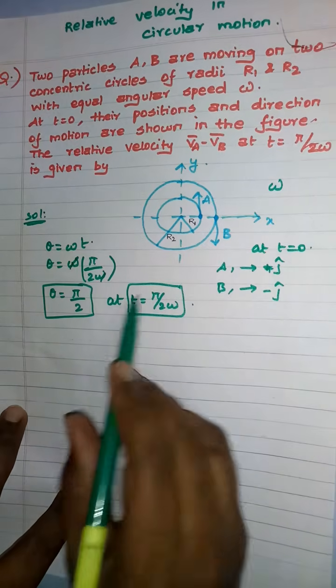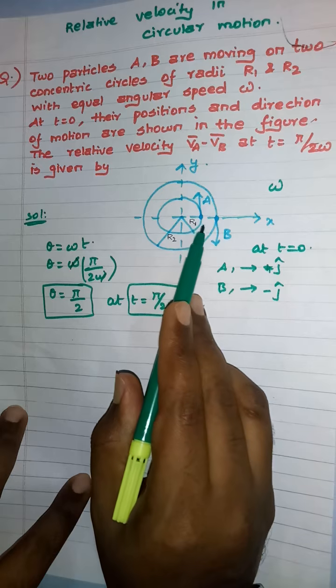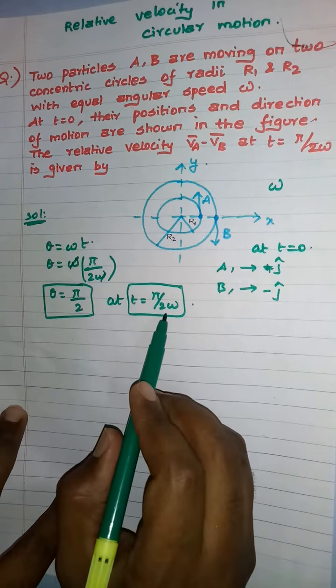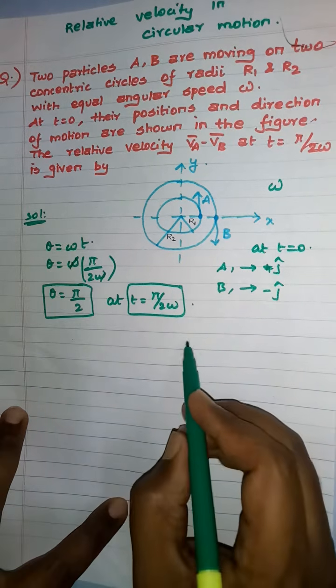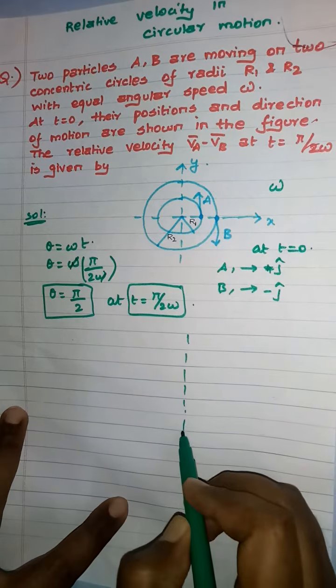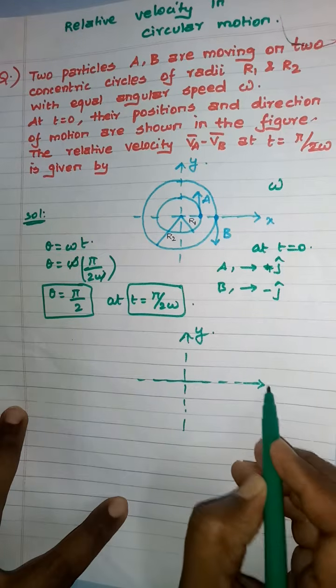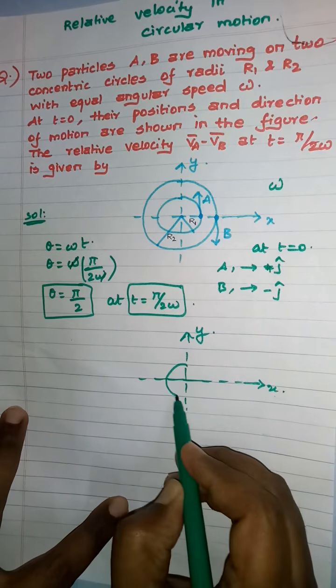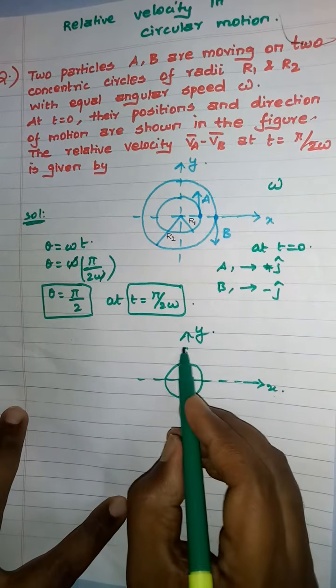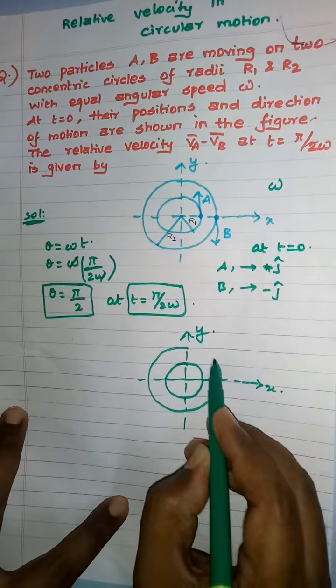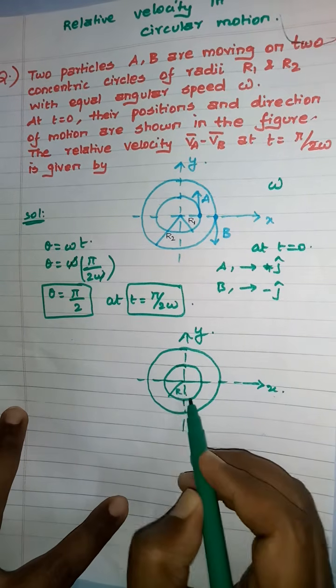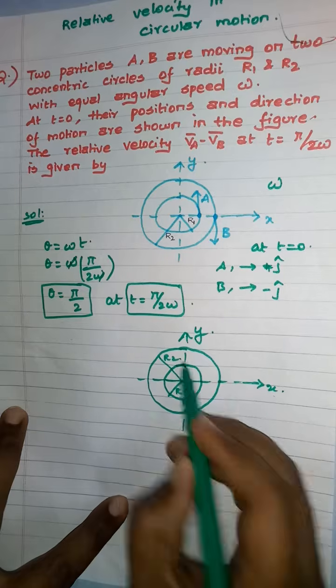Then to consider the relative velocity between A and B at t = pi by 2 omega, let me draw the picture again. This is the y-axis, and this is the x-axis. This is the circle of radius r1 and this is the circle of radius r2.